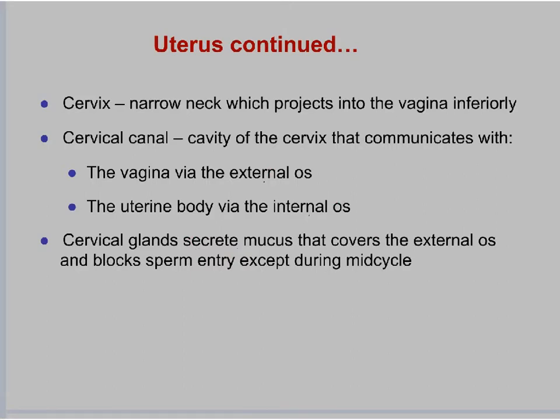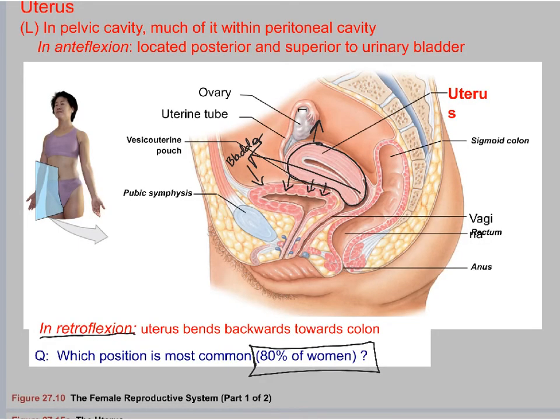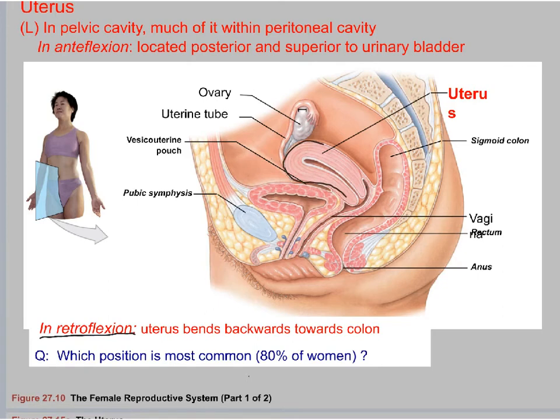So I just covered all of this slide, so I won't repeat that to you. From this view, you're looking at the female reproductive system from a lateral view. And here's that uterus. And you can see its position on top of the bladder.